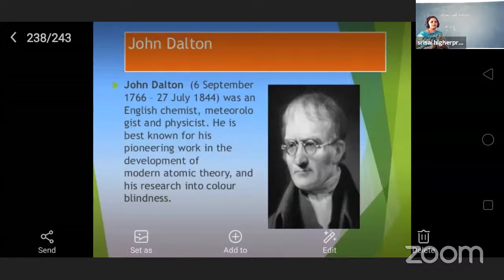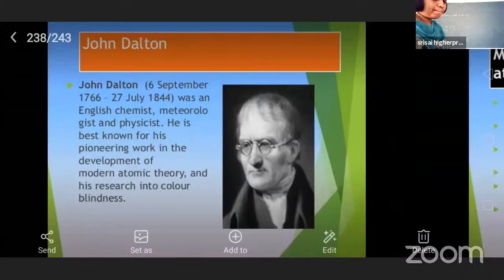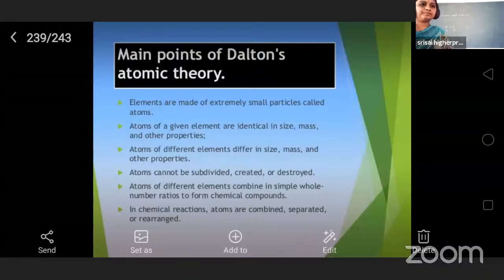So he studied modern atomic theory and also researched color blindness. Have you heard this word, color blindness, students? Okay, he researched color blindness and atomic theory.